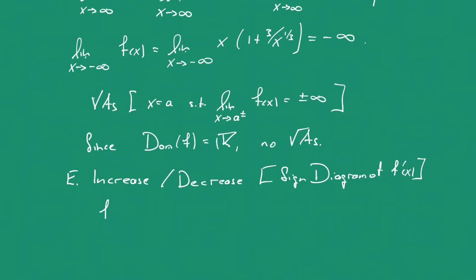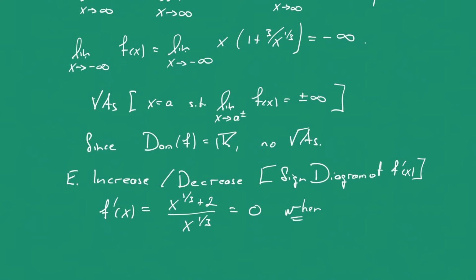So first we need to find the sign diagram of f prime of x. F prime of x, remember we were given, is equal to x to the 1/3 plus 2 all over x to the 1/3. And that is going to be equal to 0.